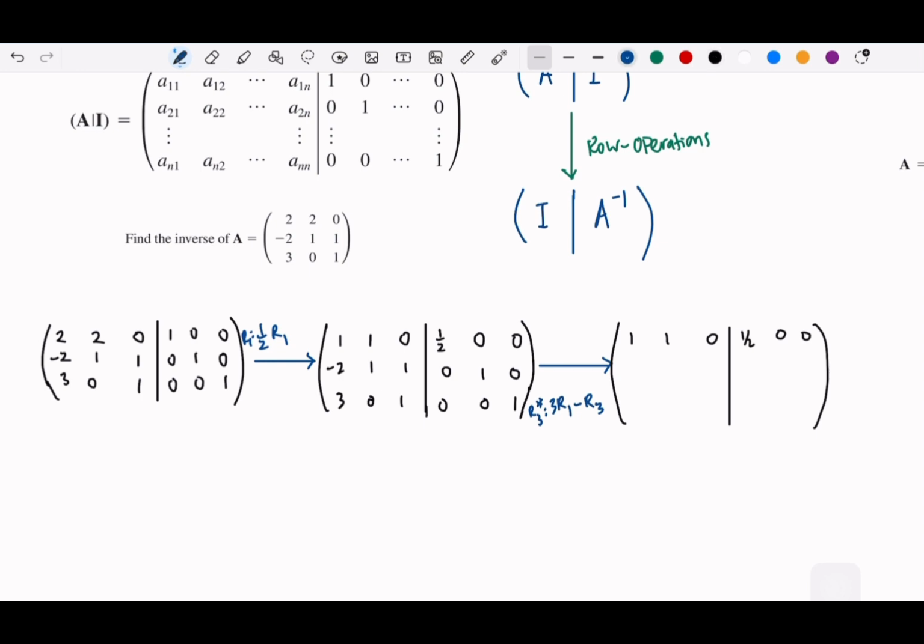The second one is three over two, so this will be 0, 3 over 2, and then 3 over 2, 5 over 2.